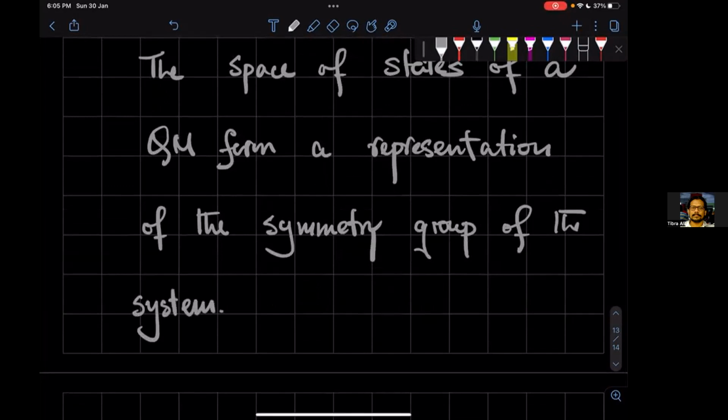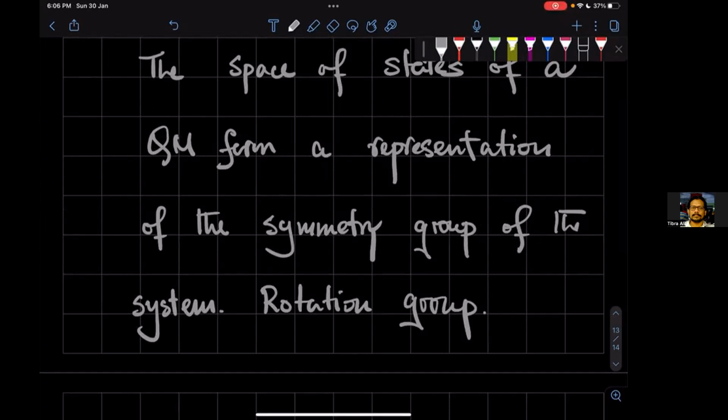For example, these symmetry groups could be the rotation group. Either your quantum mechanical system has some rotational symmetry, or it is in a space where there's rotational symmetry. If you think about empty space, we do have rotational symmetry.